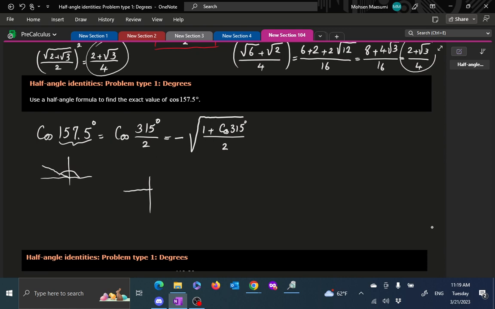You either look it up in your circle or on your table. You say 315 degrees, there's a big angle here, and what is left here is 45 degrees. So cosine of 45 and cosine of 315, by reflection identities, are the same, which is just radical 2 over 2.